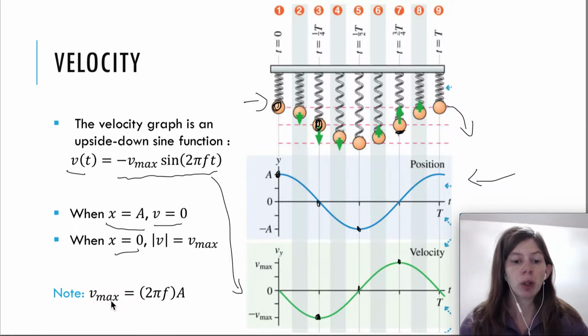So there's also a note here that this maximum velocity that the object has at the equilibrium position is equal to 2 pi f times A. And again, this just comes from when you take the derivative of that position versus time graph, this term here comes to the front.